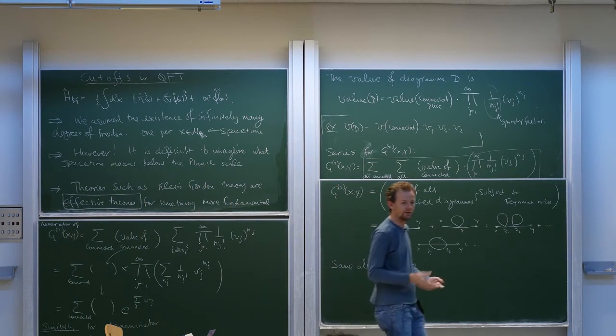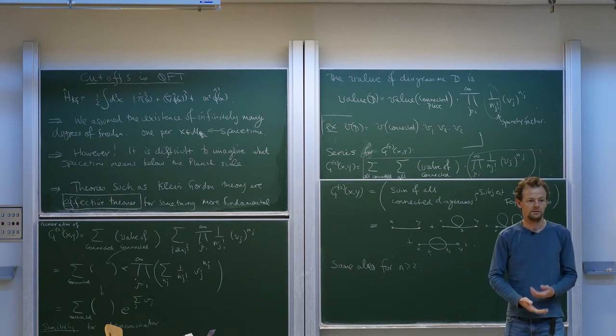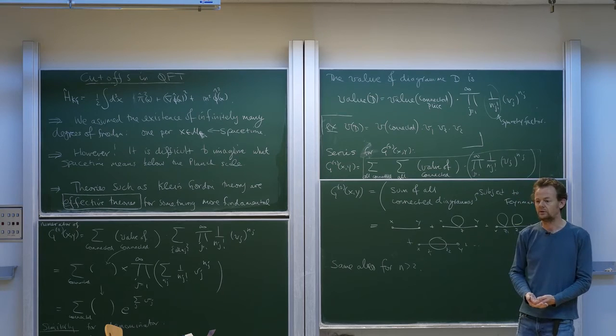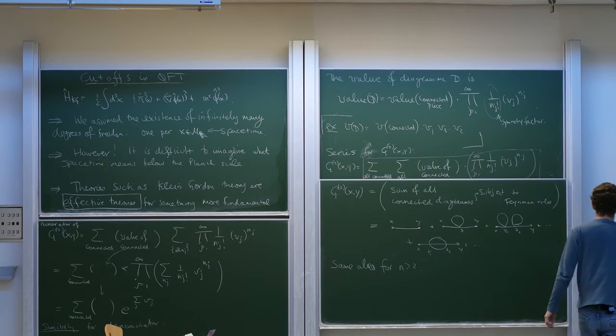This is the option that I feel that we're driven into by the observation that there's this thing called the Planck scale. I feel that the only way we can interpret a Hamiltonian like this is as an effective theory. So I've got to say what an effective theory is. I'll do that in a second.